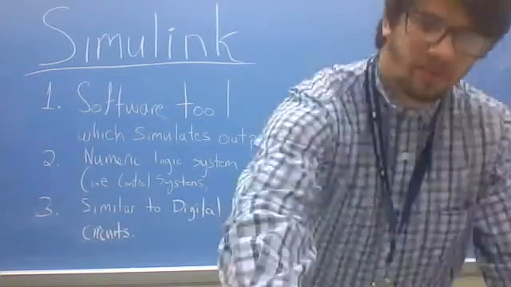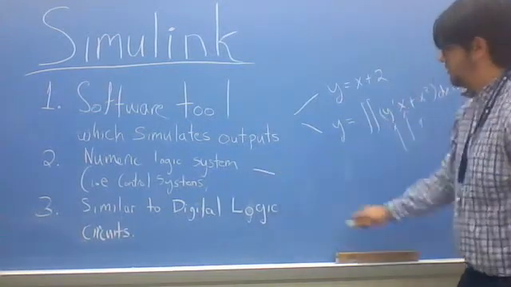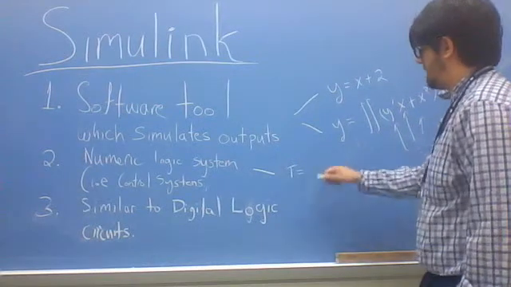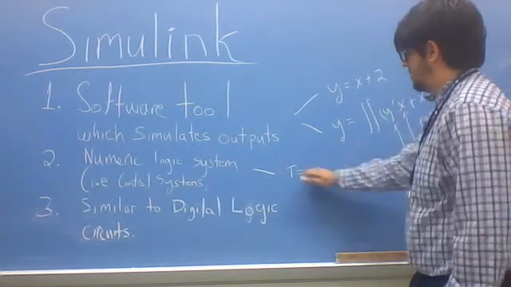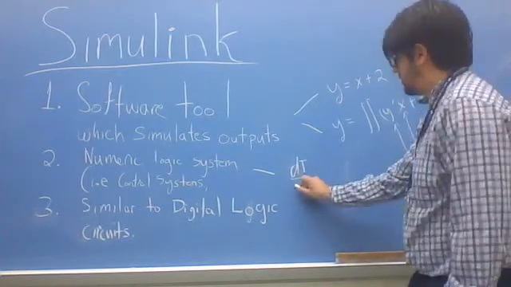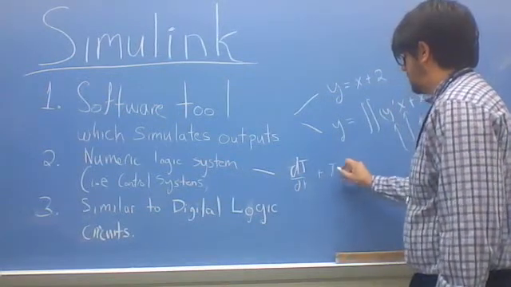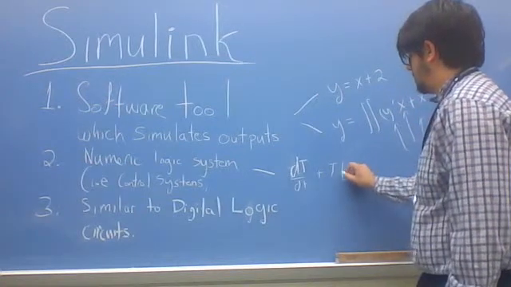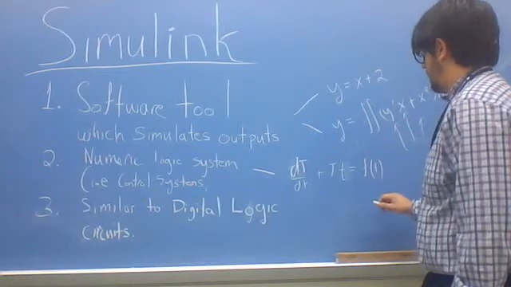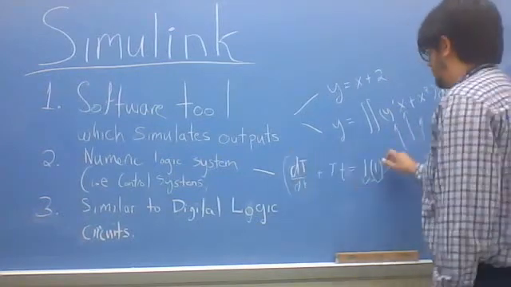For example, we might have an equation, d temperature dt, plus t times t, equals f of t, where f of t is just some random number in this case.